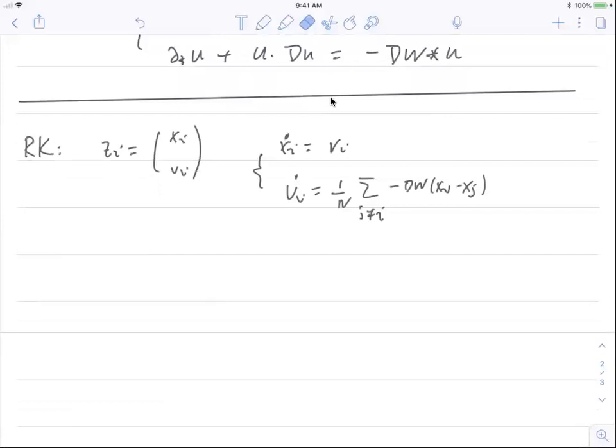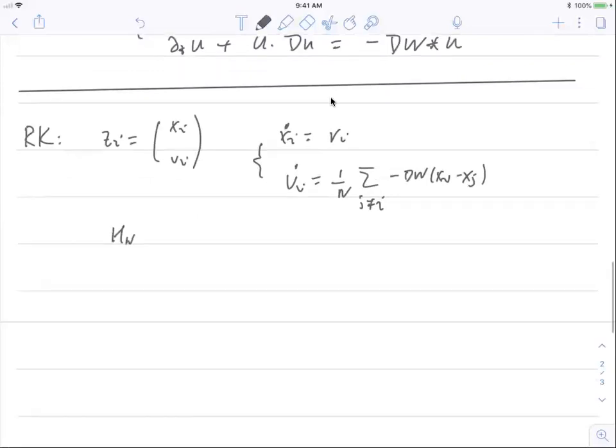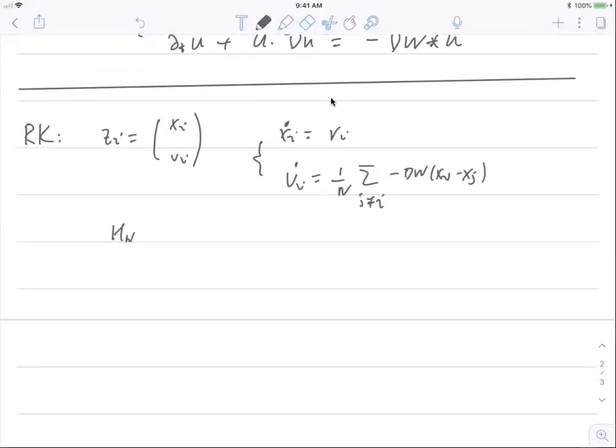And this is a second order system. So usually we write the energy of this system. If we write the energy of this system, it has two parts. First is the interaction energy, then there is the velocity part, the kinetic energy.